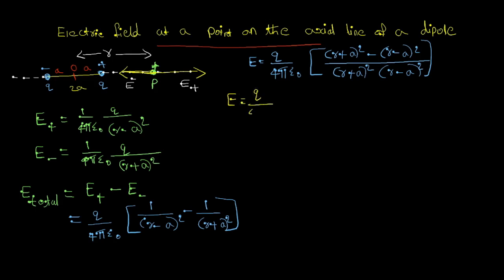Q by 4 pi epsilon 0. We can expand in the form of (a plus b) the whole square and (a minus b) the whole square.